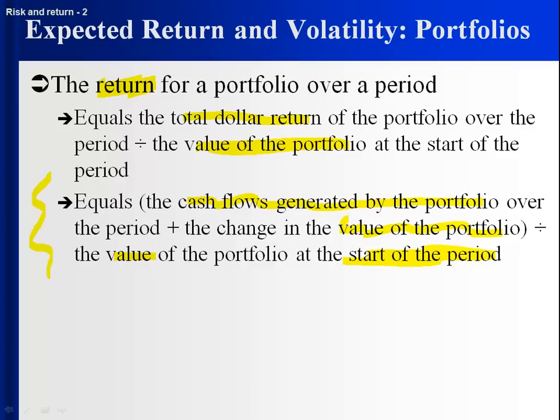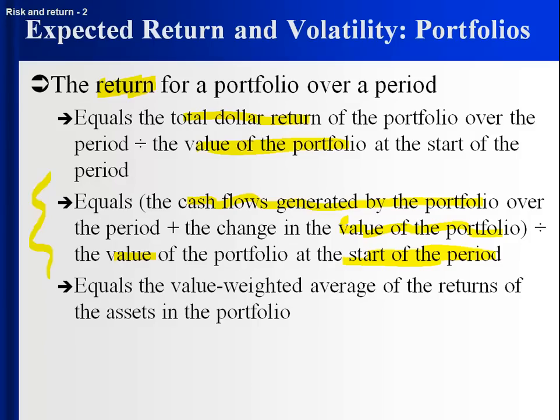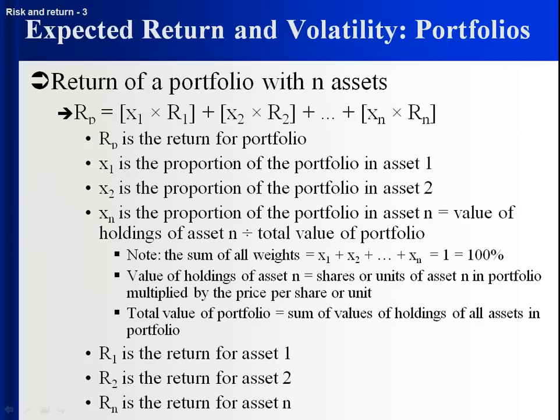So it's really just analogous to what we've done so far with individual assets. But what's interesting and nice when you're dealing with a portfolio is that another way to get at this is by simply taking the value weighted average of the returns of the assets in the portfolio. So the return on the portfolio is equal to a weighted average of the returns of the individual members in the portfolio, where the weights are based on the value of the holdings for each asset.